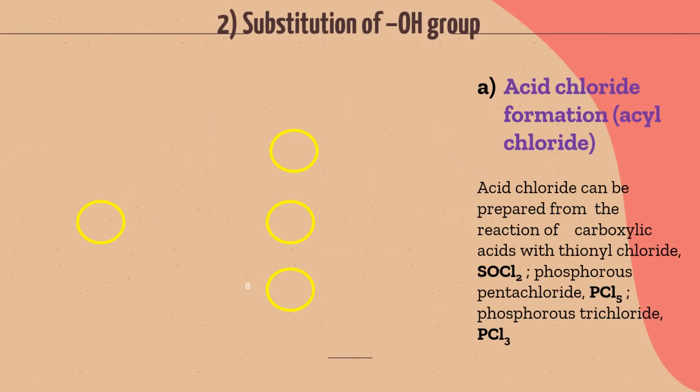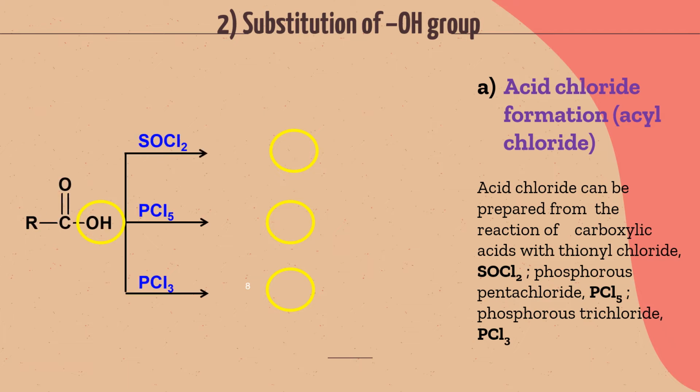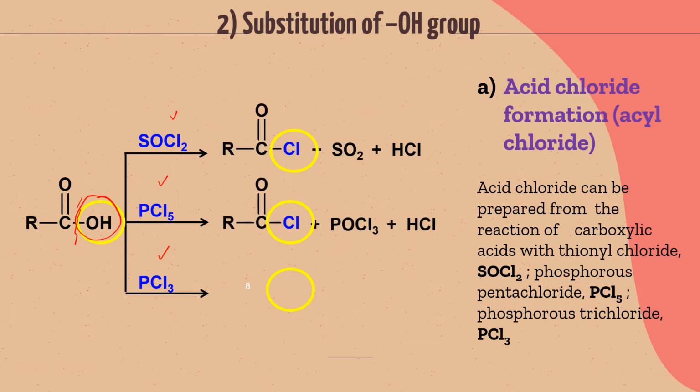The second major reaction is substitutions of OH group in carboxylic acid. So here kita akan break the bonding di antara C dan juga O. So OH akan keluar dan digantikan dengan kumpulan yang lain. So by treating this carboxylic acid dengan thionyl chloride, PCl5 dan juga PCl3, so this OH will be substituted with Cl.